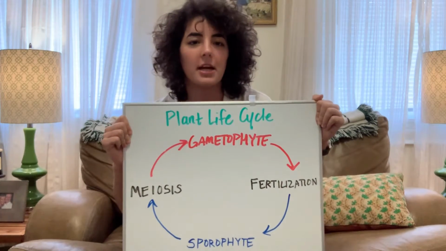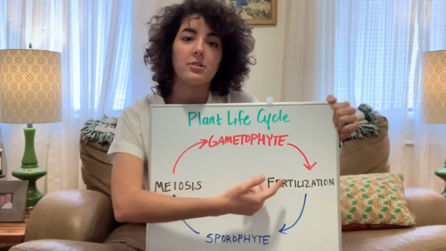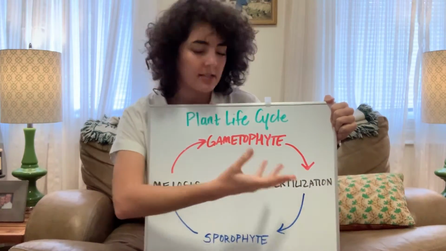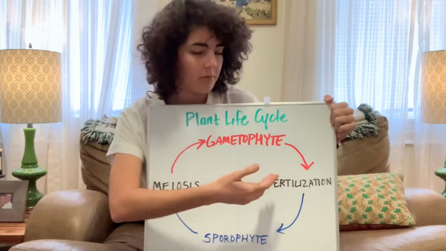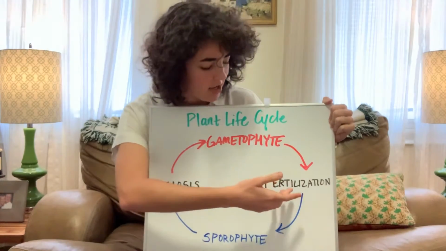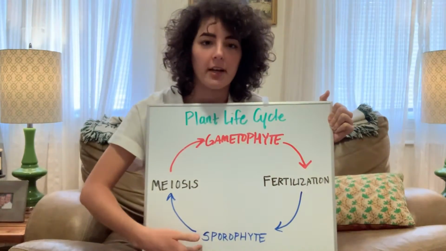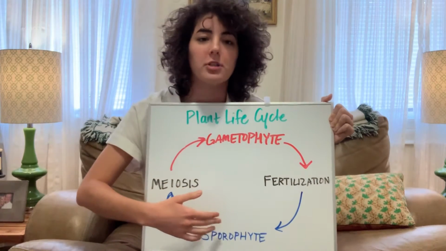So every plant life cycle looks like this. The gametophyte gives rise to some form of eggs and sperm, which then fertilize each other. The sperm fertilizes the egg to become a sporophyte. So the gametophyte results in fertilization, which results in the sporophyte.